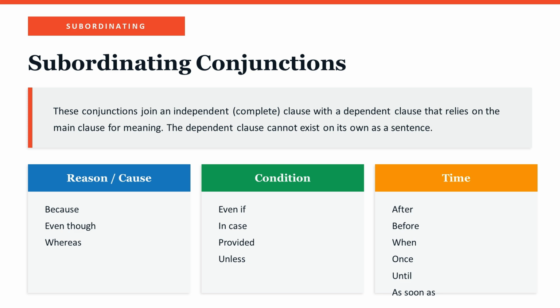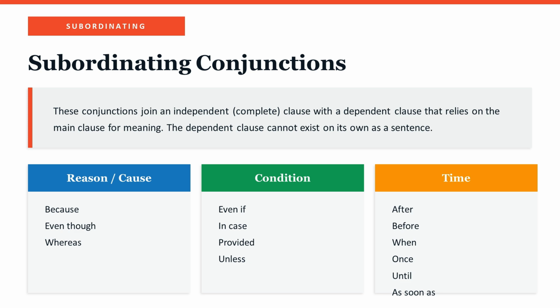Subordinating conjunctions can be grouped into categories based on what they express. The first category is reason or cause, which includes words like because, even though, and whereas. The second category is condition, which includes even if, in case, provided, and unless. The third category is time, which includes after, before, when, once, until, and as soon as.